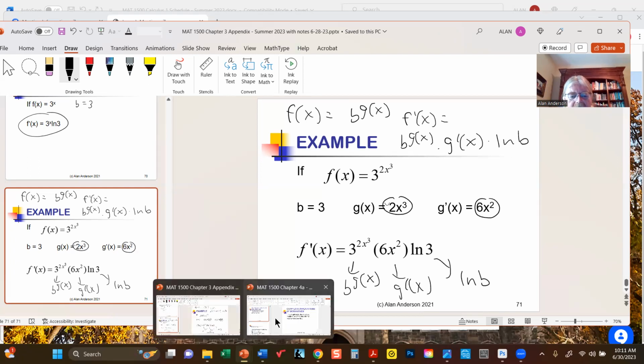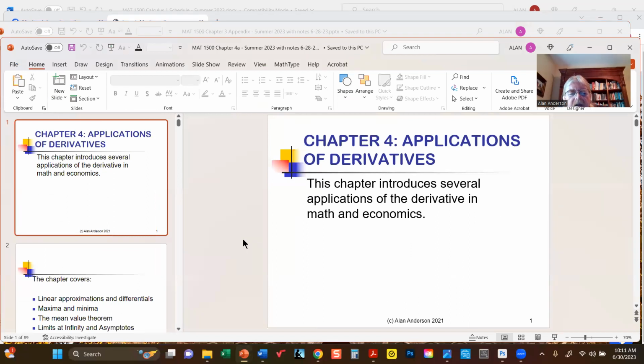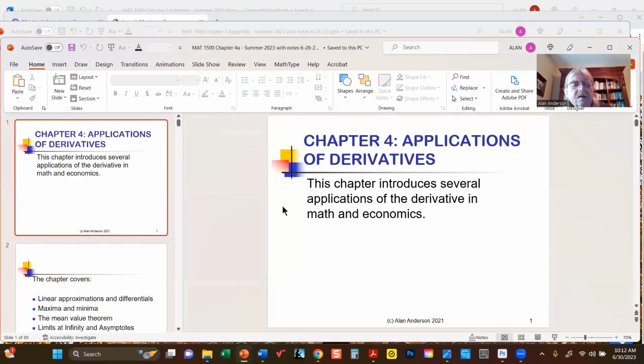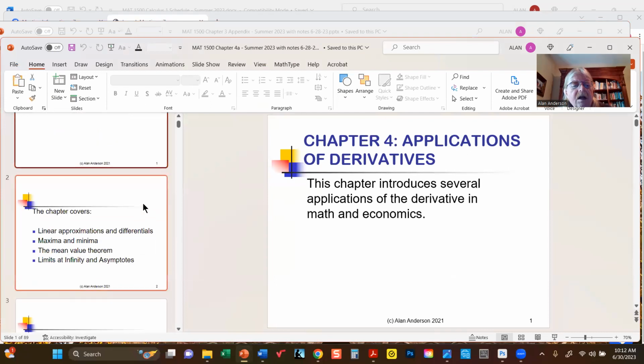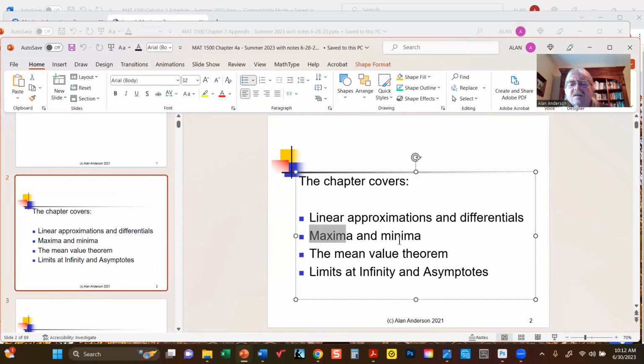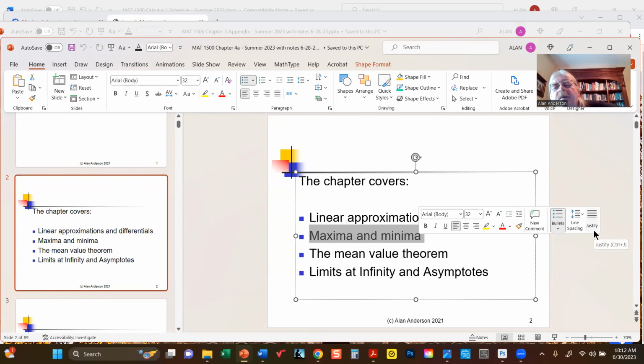And chapter 4 basically is starting to take us into more applied aspects of derivatives. We're not just focused on the rules here. We're looking at different applications. Among the most important ones here is maxima and minima. We often use calculus to try to find the maximum value of a function or the minimum value of a function.